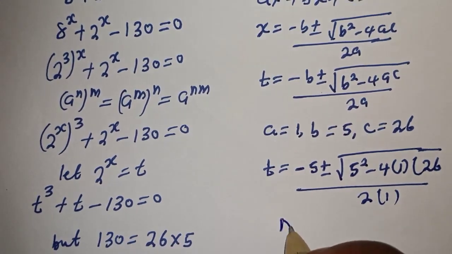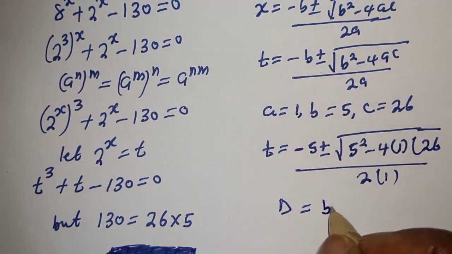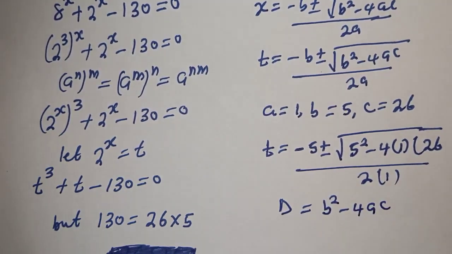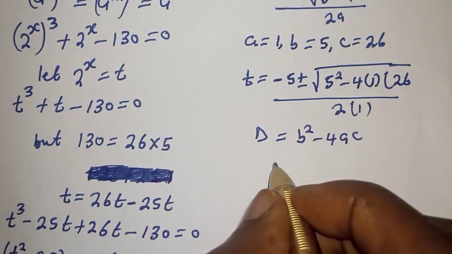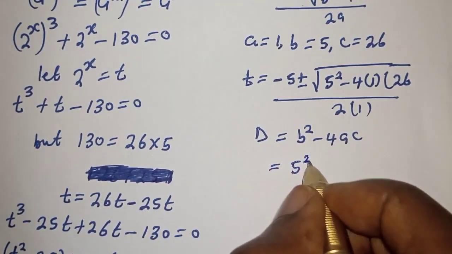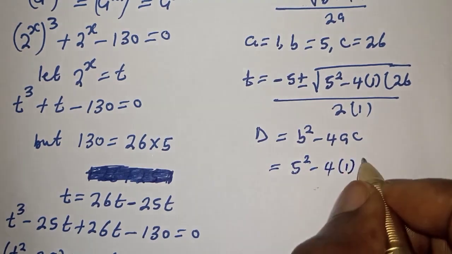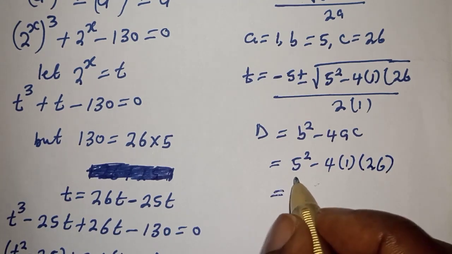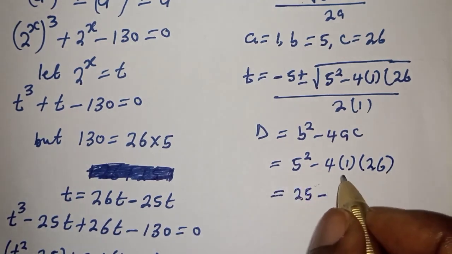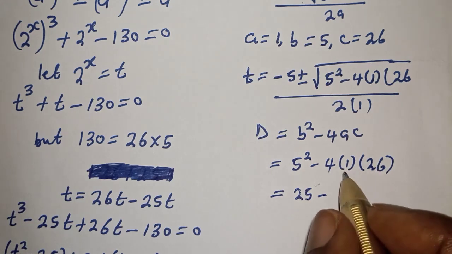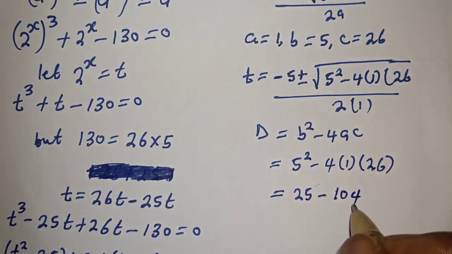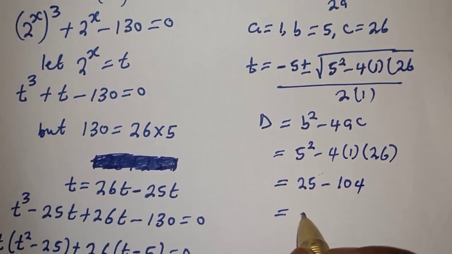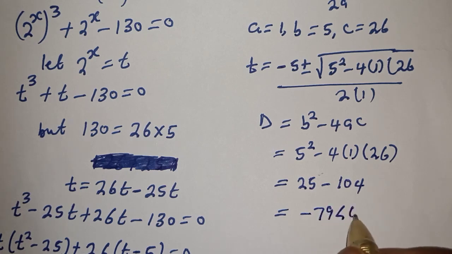Or discriminant D is equal to b squared minus 4ac, equal to 5 squared minus 4 multiplied by 1 multiplied by 26, equal to 25 minus 104, equal to 25 minus 104, this is minus 79, and this is less than 0.